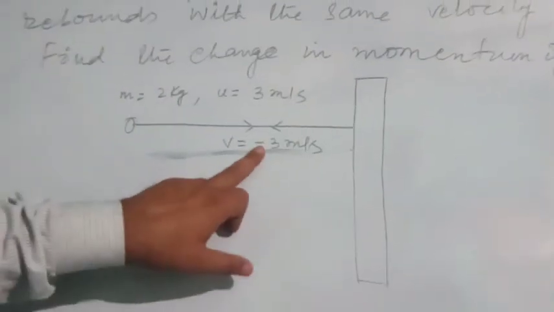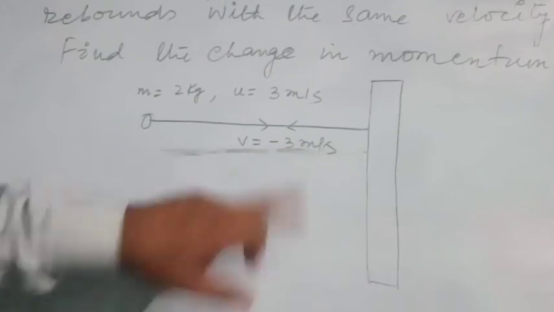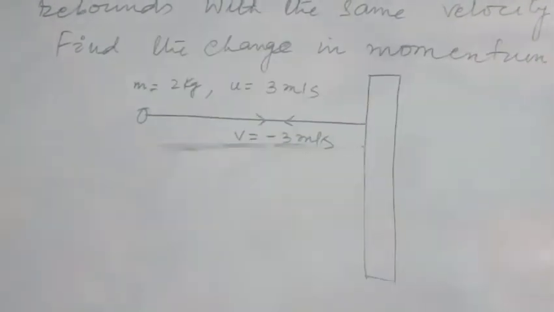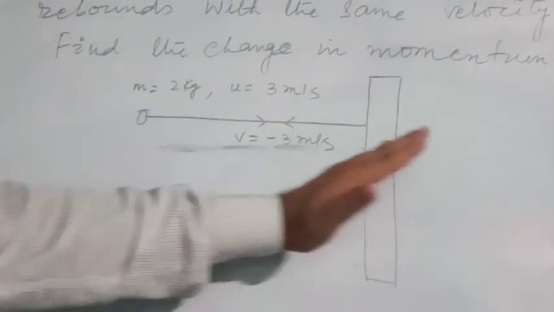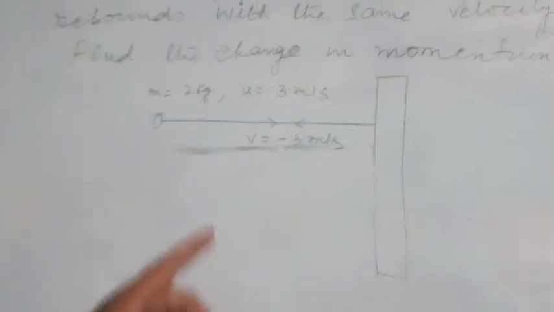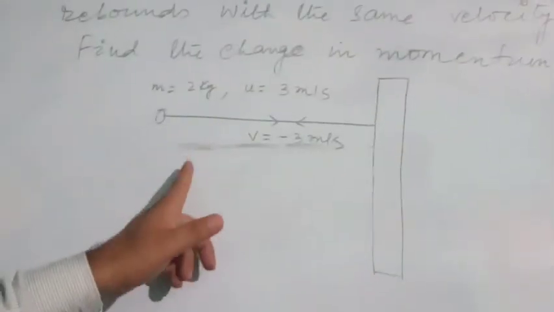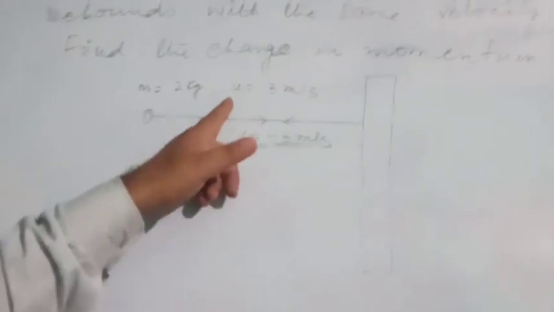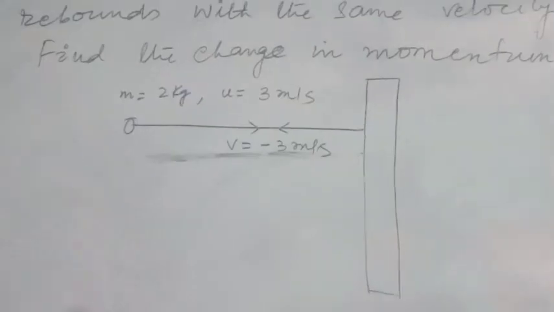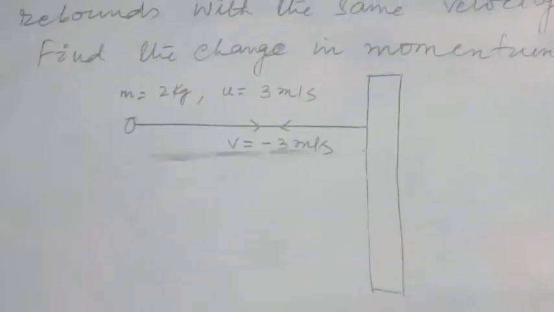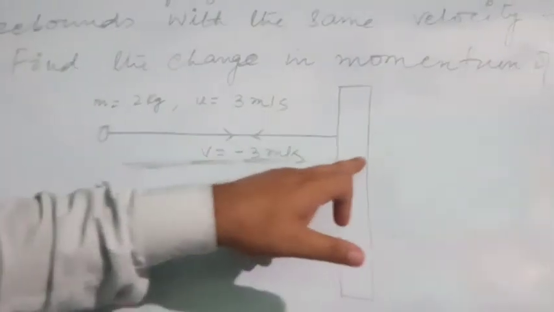The negative sign shows that the path of the ball after striking the wall is just opposite to the path in which it strikes the wall.